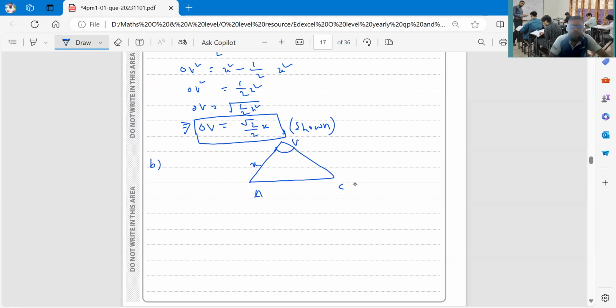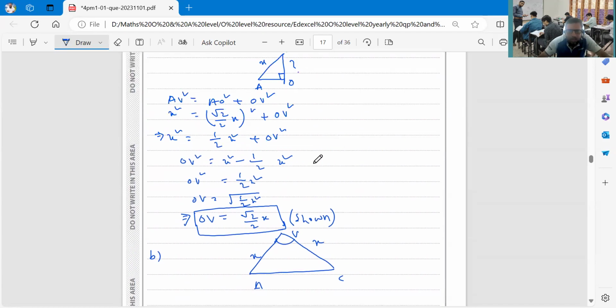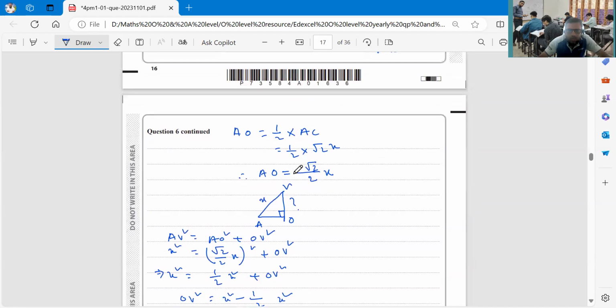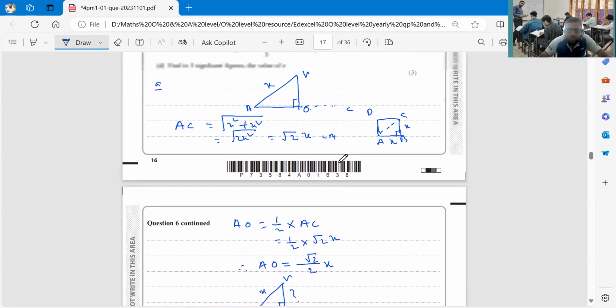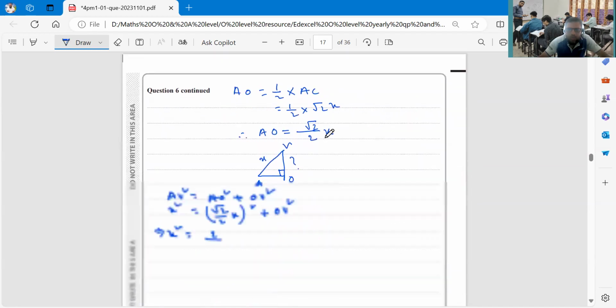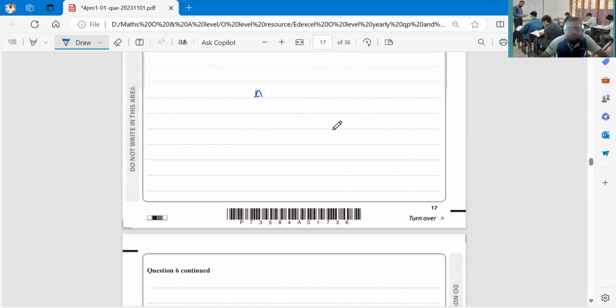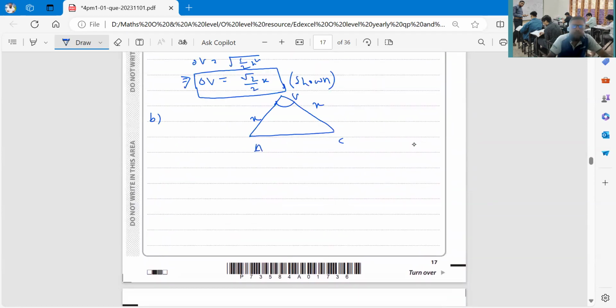AB equals x, BC also x, and AC we already found. So AC equals how much? AC equals root 2x. So x equals x, and AC is root 2x.